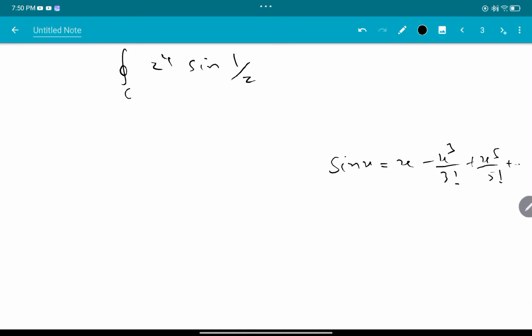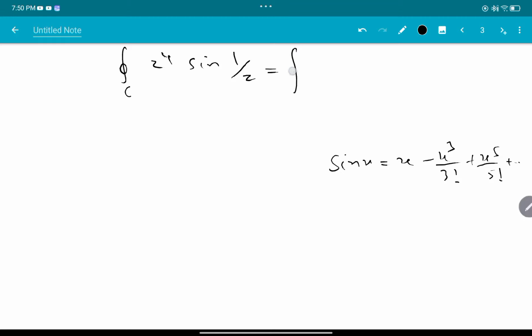So use that here, and in place of x you have 1/z: 1/z minus 1/(z^3 times 3 factorial) plus 1/(z^5 times 5 factorial) minus and so on.